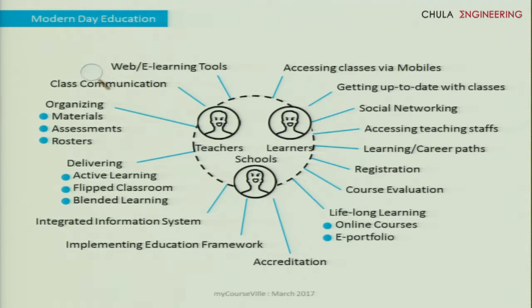So basically, this is a picture of what is asked of us, all the requirements. Students need to access the class, the teacher needs to prepare everything and adjust ourselves, delivering a new paradigm of education, while the management and administrations of the colleges and universities need to take care of the information and plan for accreditation of curriculum, and implement the education frameworks that we are focusing on.